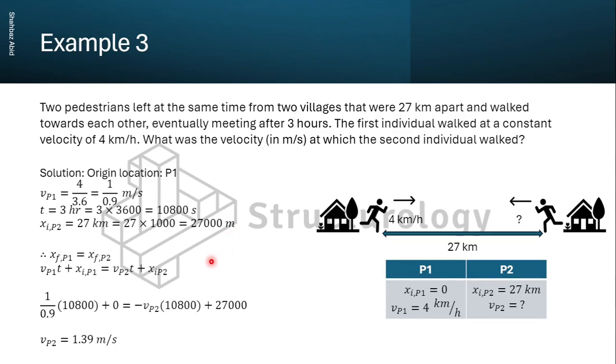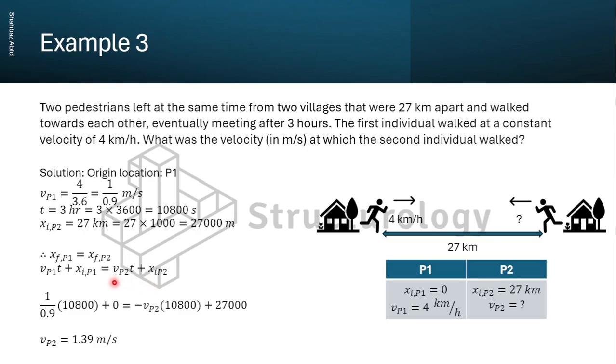The same criteria here as well, that the final position of P1 is going to be equal to the final position of P2. They are going to meet at the same position at the same time. So velocity of P1 times t plus initial position of P1 is equal to velocity of P2 times t plus initial position of P2.